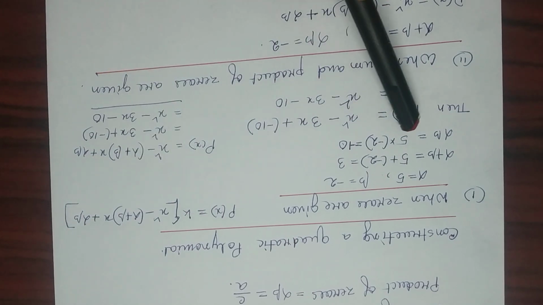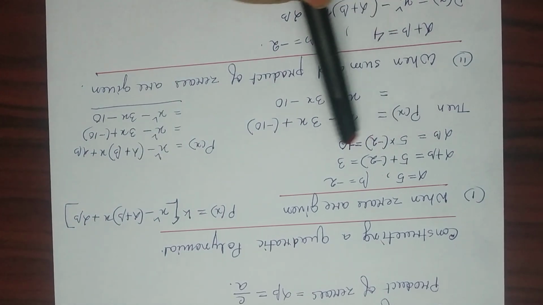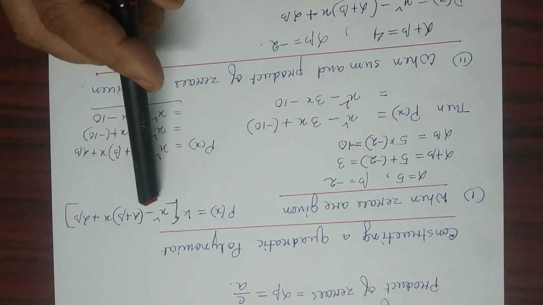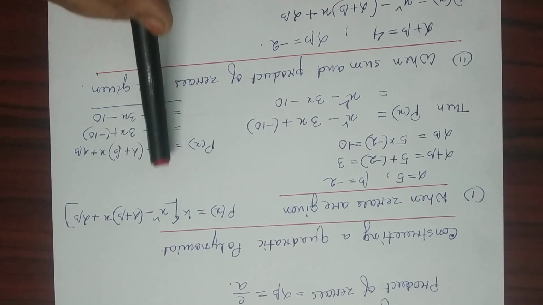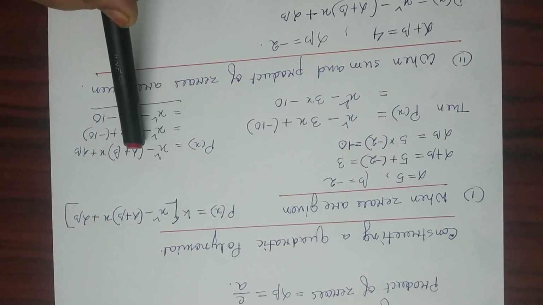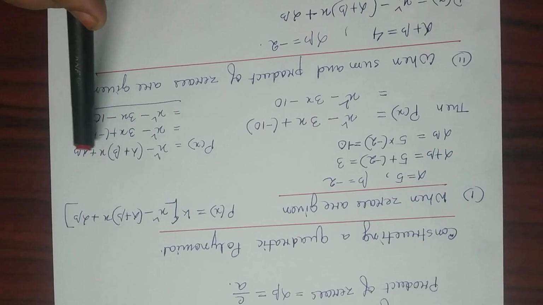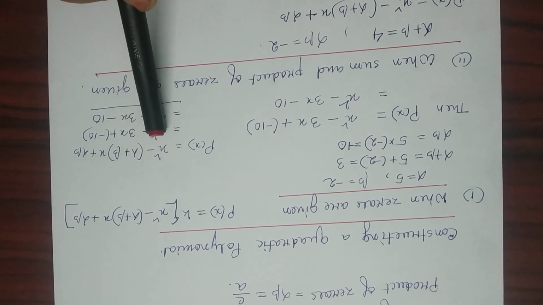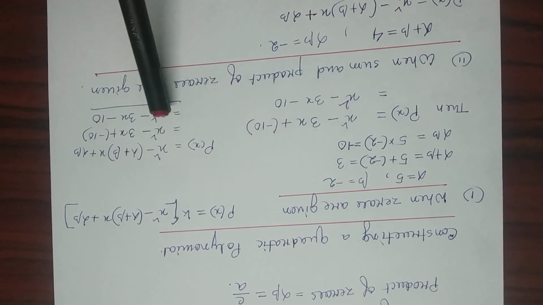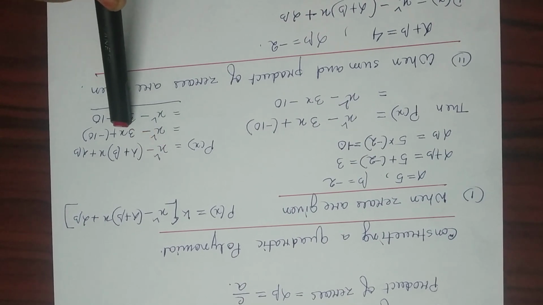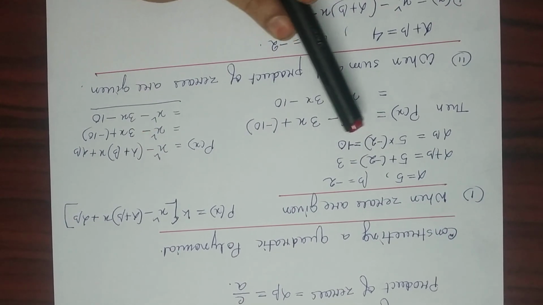Therefore, here we find sum of zeros and product of zeros. After that we put it this way: x square minus alpha plus beta into x plus alpha into beta. Here x square, sum of zeros how much? 3. Therefore minus 3x plus product of zeros, minus 10.